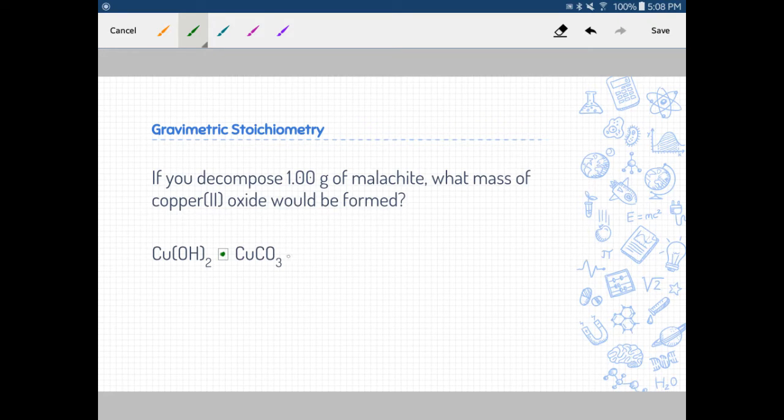Essentially, we are decomposing malachite, which decomposes into 2 copper oxides, carbon dioxide gas, and water vapor. This is something that is provided to you, by the way. It's not something you have to come up with. So this is a gas, and this is also a gas.